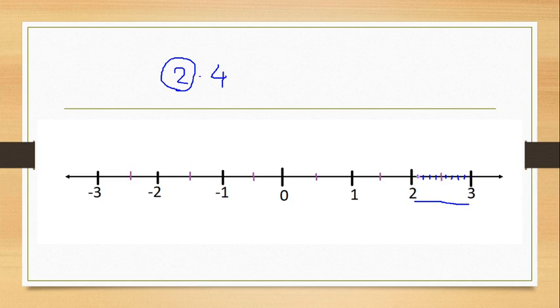This is 2.1, 2.2, 2.3 and this is 2.4. I hope you are understanding this concept. We have now finished 2 positive examples. Now we will take 2 negative examples.